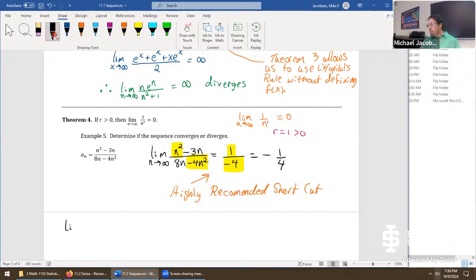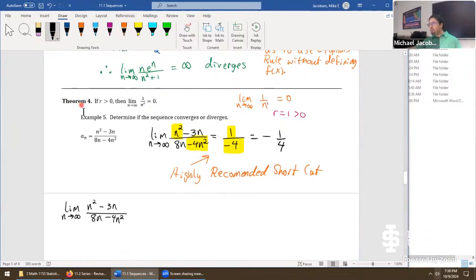But if you took the long form on this, here's what the steps would look like. The limit as n goes to infinity, n squared minus 3n, divide by 8n minus 4n squared. The strategy here to bring theorem 4 into play is you go to exclusively the denominator, find the term with the highest degree, grab the factor that just involves the variable, that's the n squared, and divide everything by n squared.